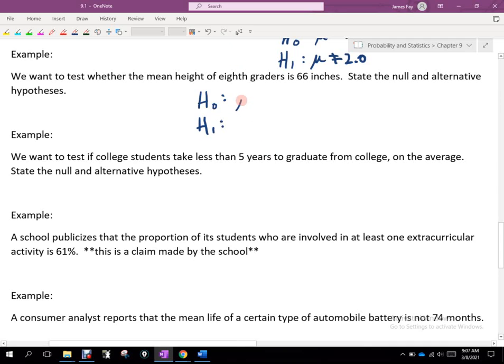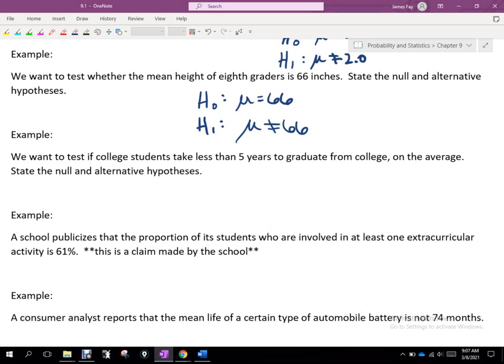The null hypothesis. Mu is 66 inches. So, if that's what we're trying to test, what would be the opposing view? Not 66. Just today, we're going to take baby steps.